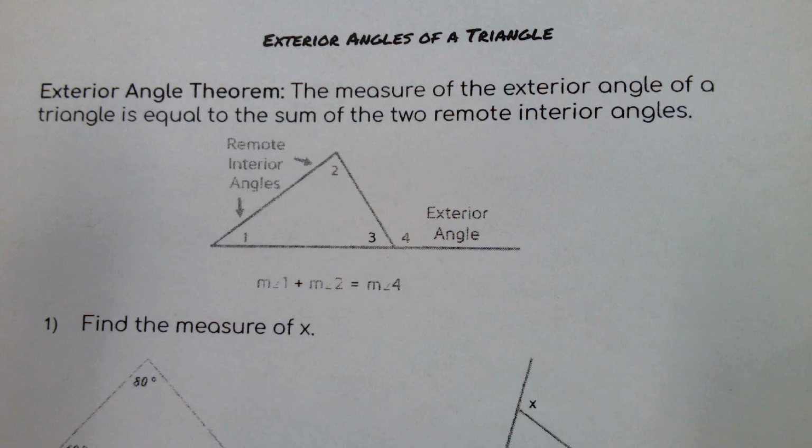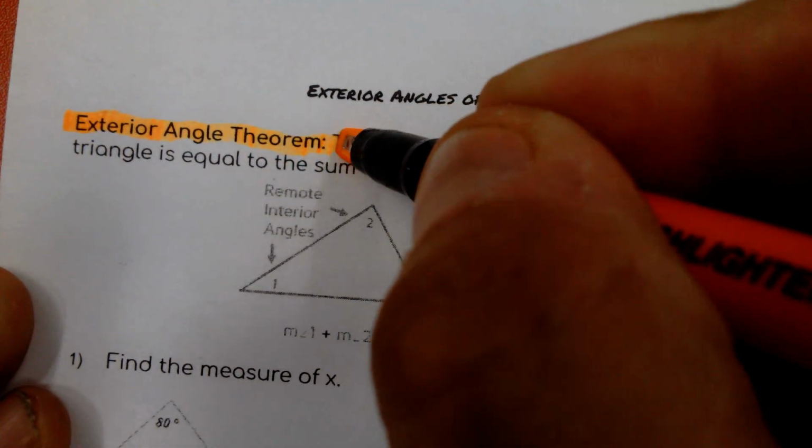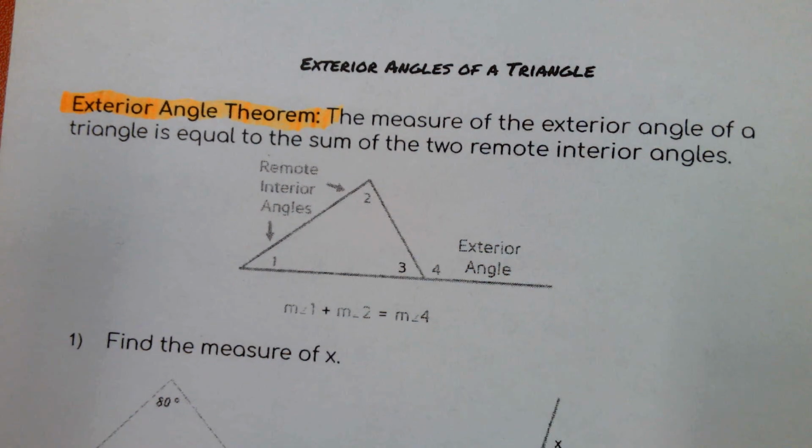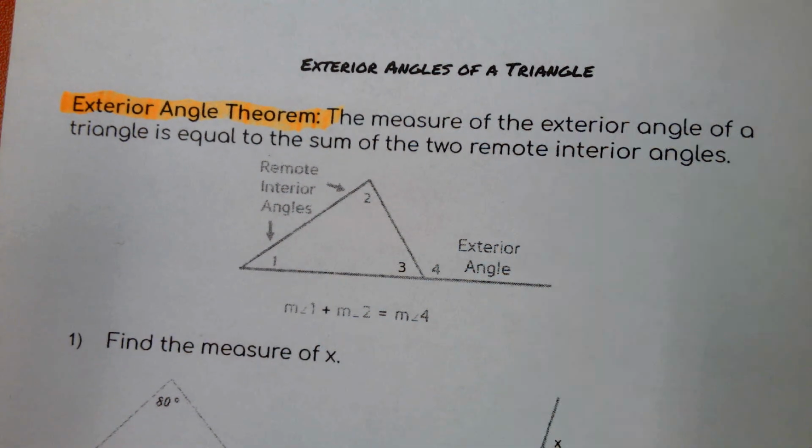So this time we're talking about the exterior angle theorem. Anthony, can you read the exterior angle theorem, please? The measurement of the exterior angle of a triangle is equal to the sum of the two remote interior angles.